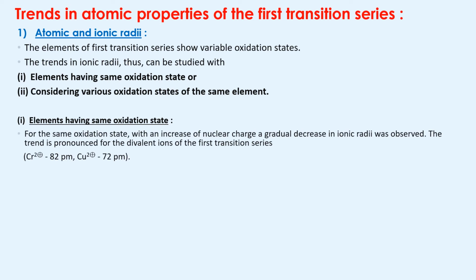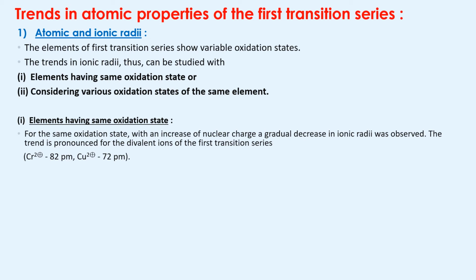Okay. So first we consider elements having the same oxidation state. So what is our observation? For the same oxidation state, with increase of nuclear charge, a gradual decrease in ionic radii was observed. The trend is pronounced for the divalent ions of the first transition series. In this case, chromium comes first, whose atomic number is 24.